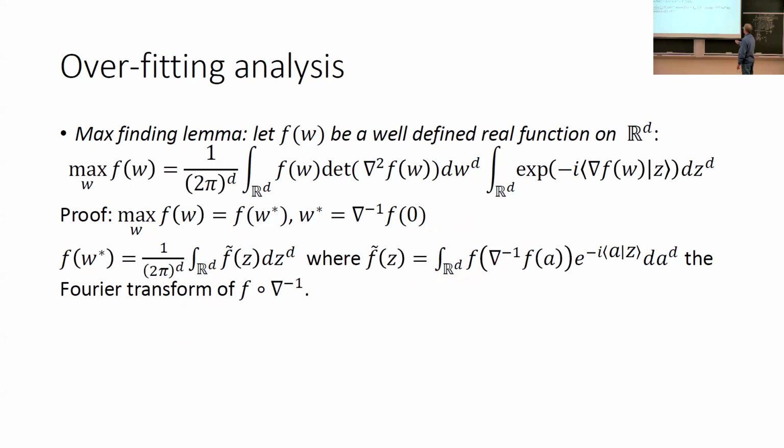And basically, if I take the reverse, I will get at 0 just the value of W star, which cancels this gradient. So that's all.